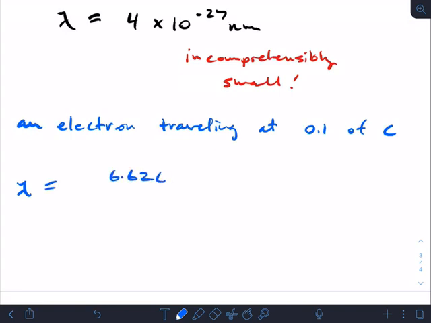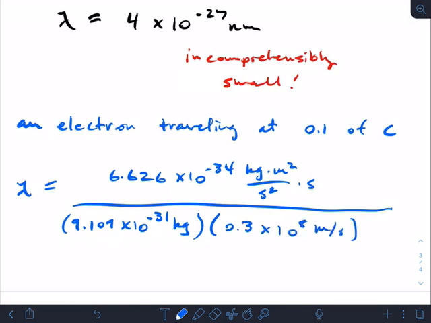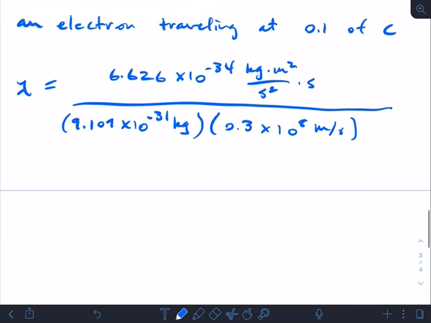So lambda here equals 6.626 times 10 to the minus 34 kilograms meters squared over seconds squared times seconds. And an electron is 9.109 times 10 to the minus 31 kilograms, so it's very, very small, and it's traveling very, very fast, 0.3 times 10 to the 8th meters per second, right?